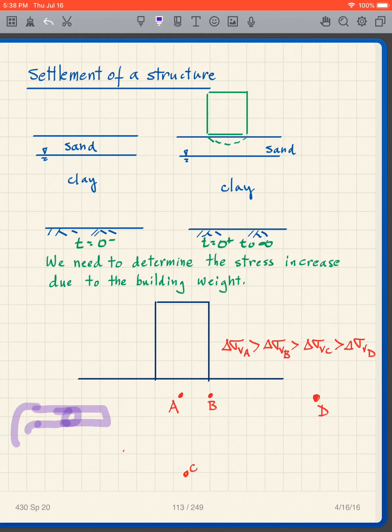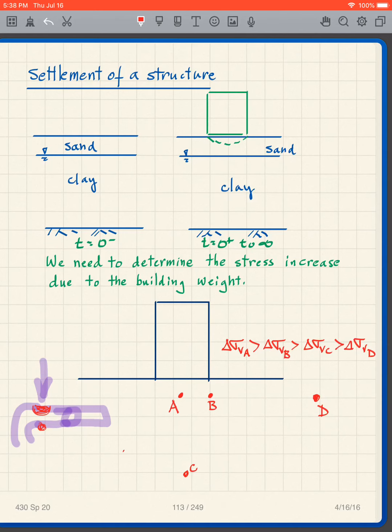Not a very good drawing. And on the back of your hand, apply a load with your other hand. Press your finger down. Where will you feel that load? You're going to feel that load pretty much in this region in here. You're not going to feel the load at the bottom.